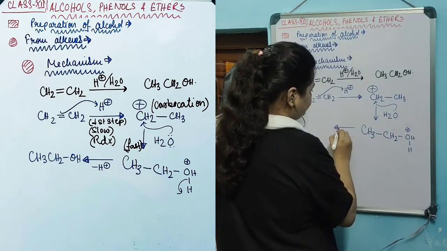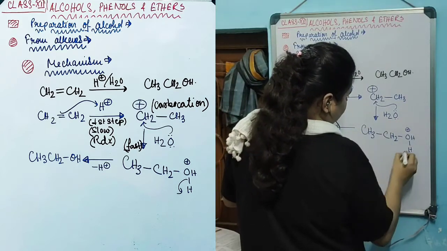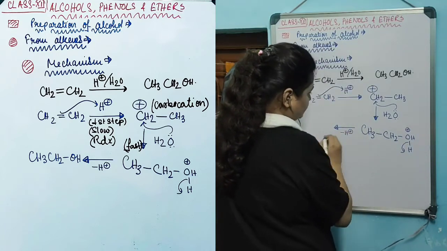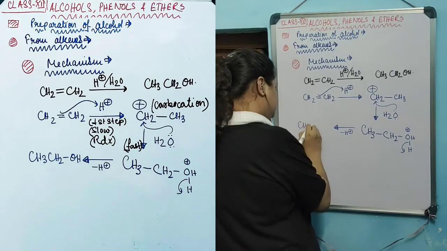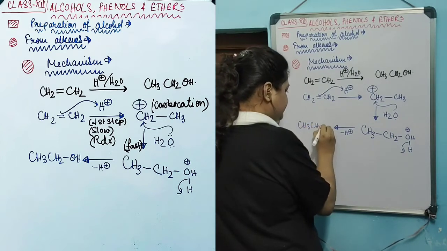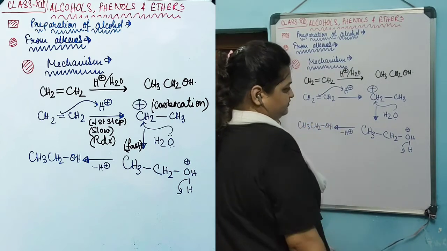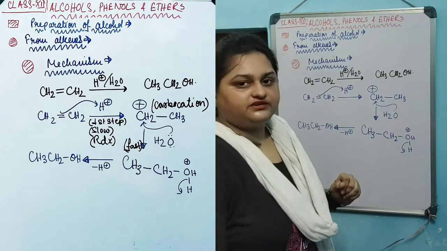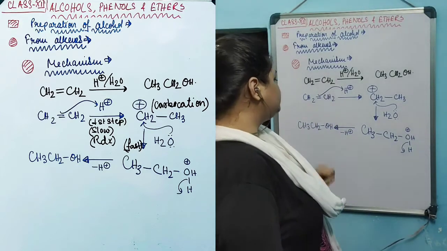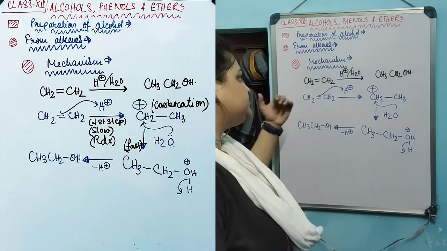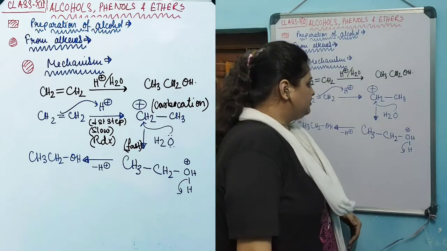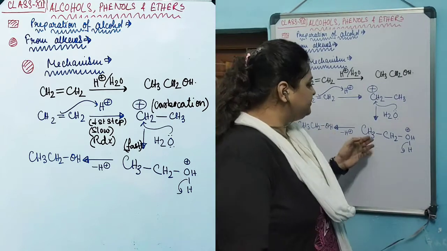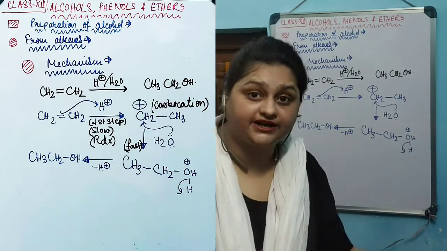In the final step, hydrogen H plus will be released and CH3CH2OH will be produced. Now, in the beginning of this reaction, H plus was used, and after the reaction, H plus was again returned back into the reaction mixture. So the H plus in this entire reaction is used as a catalyst.